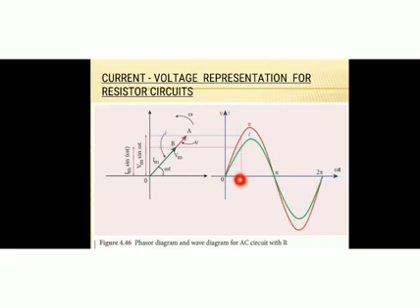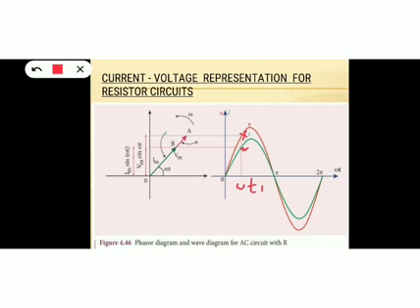So here we are considering a value, and let the angle be omega t1. The value on the current graph corresponding to this omega t1 is this point, and the point on the voltage graph corresponding to omega t1 is this point.